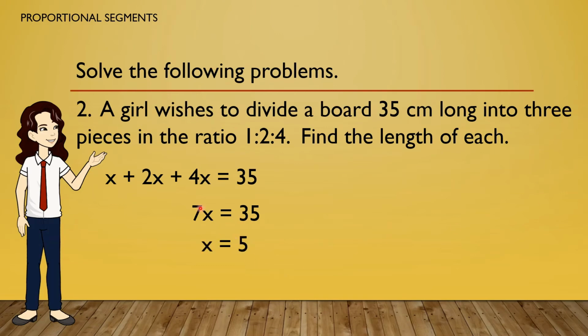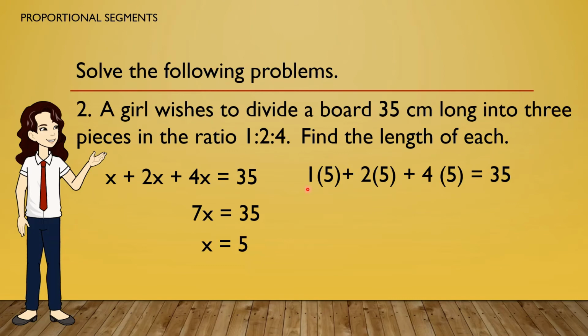7x divided by 7 is x, and 35 divided by 7 is 5. And we are going to get the length of each part. So we have x is equal to 5. So 1 times 5, 2x is 2 times 5, and 4x is 4 times 5.